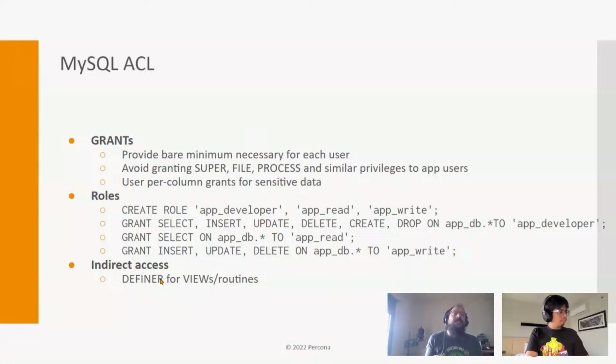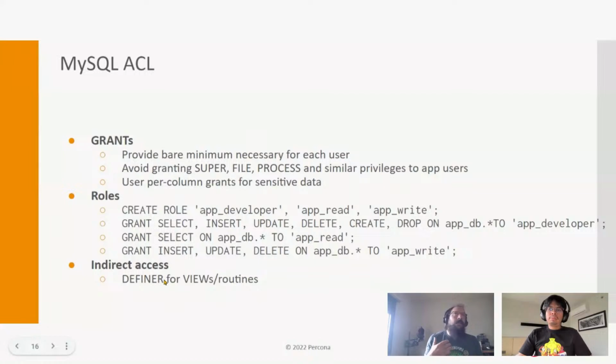And what this means is that you might not have access to table X, but the definer does have access to table X. And you will have access to execute the view or execute the routine. And then you will have indirect access to table X through the definer privileges.